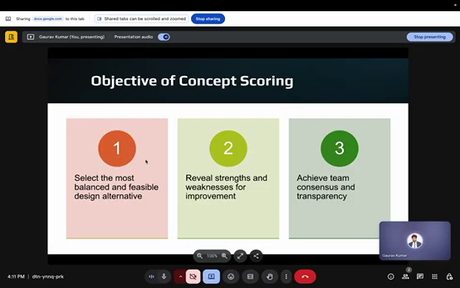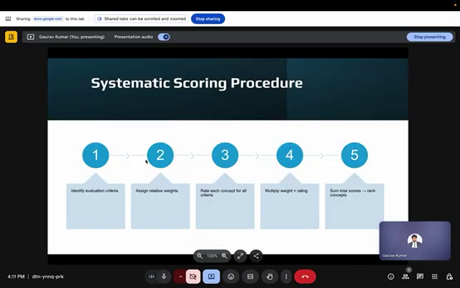Now moving towards the next slide. The next one is the systematic scoring procedure. The concept scoring process follows a structured 5-step procedure. First, evaluation criteria are identified. Second, each is assigned a relative weight reflecting its importance.